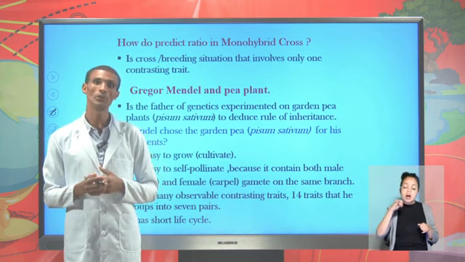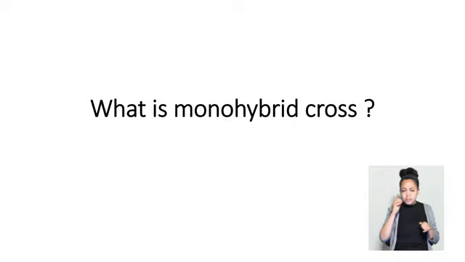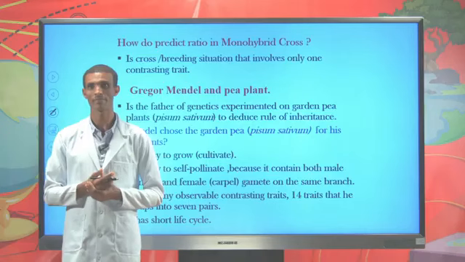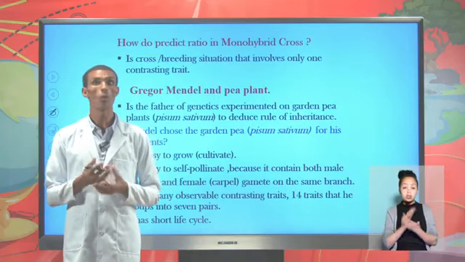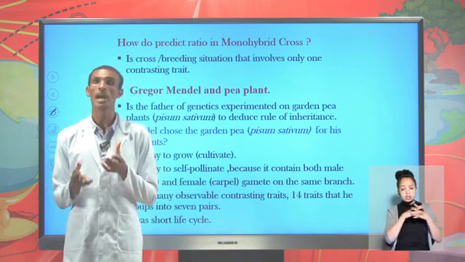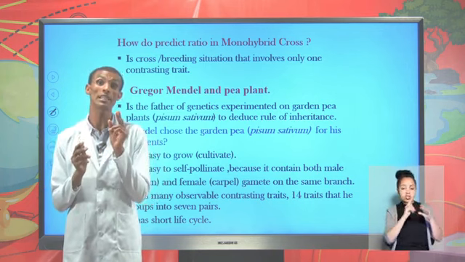Student, can you forecast what is meant by monohybrid cross? Well then, when you say monohybrid, it is a cross or a breeding situation that involves one contrasting trait only.